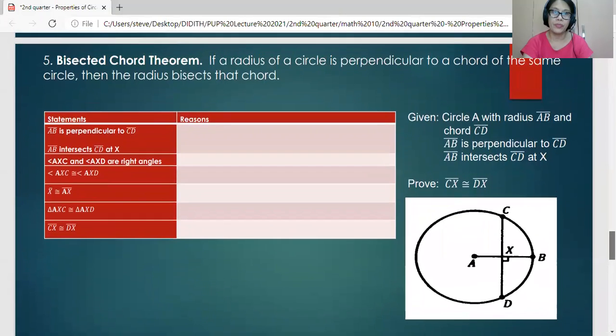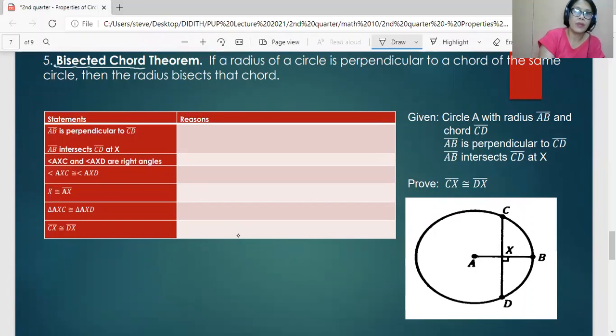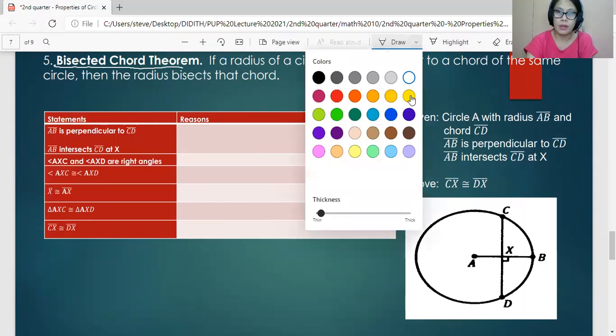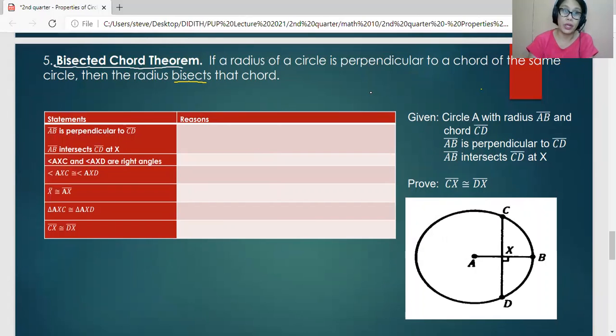Okay. So we have the bisected chord theorem. If a radius of a circle is perpendicular to a chord of the same circle, then the radius bisects that chord. When we say bisect, the chord is divided into two equal parts.